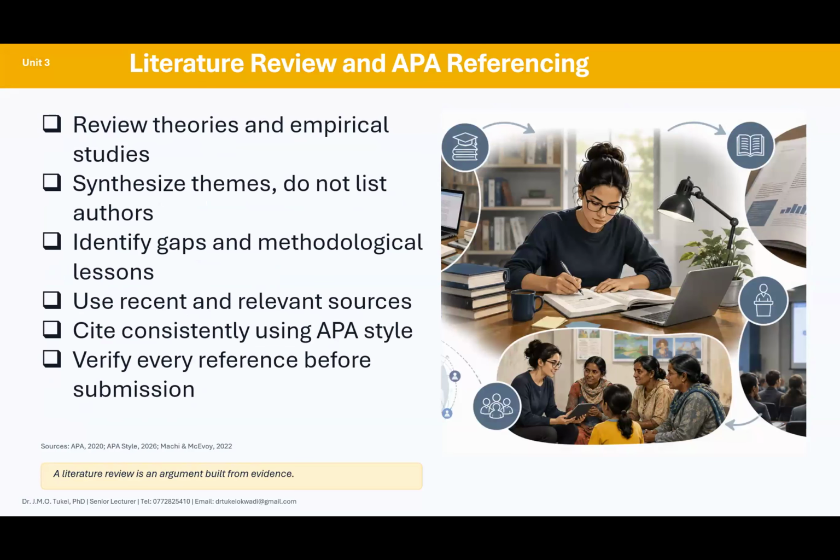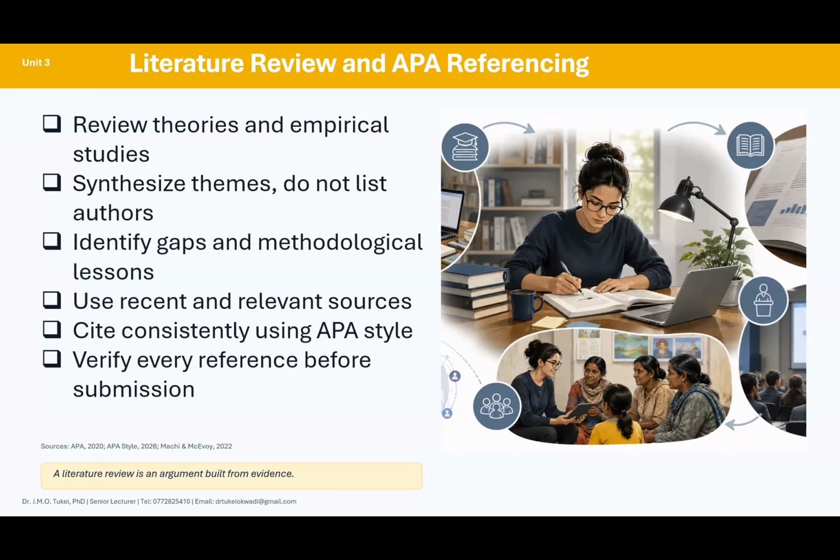I want us to look at literature review and APA referencing. A literature review is a critical scholarly conversation. I want you to understand this very well. Not a list of summaries, no. It identifies what is known, where scholars disagree, which theories explain the issue, what methods have been used, and which gaps remain.